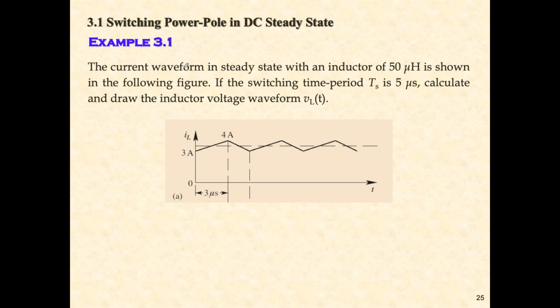The problem says it is in DC steady state, with an inductor of 50 microhenry and a switching period Ts equal to 5 microseconds, and asks you to calculate and draw the inductor voltage waveform.